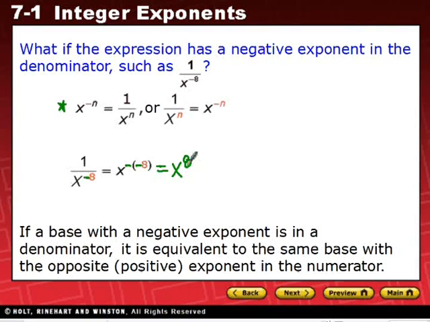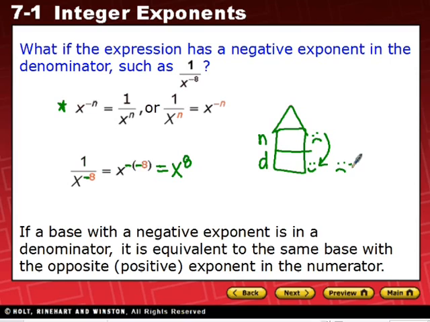So let's go back to our idea of the two-story house. Here's your house. This is the numerator, and this is the denominator. If you are unhappy upstairs, you go downstairs, and then you're happy. If you are unhappy downstairs, then you go upstairs, and you are happy. Unhappy meaning negative, happy meaning positive.